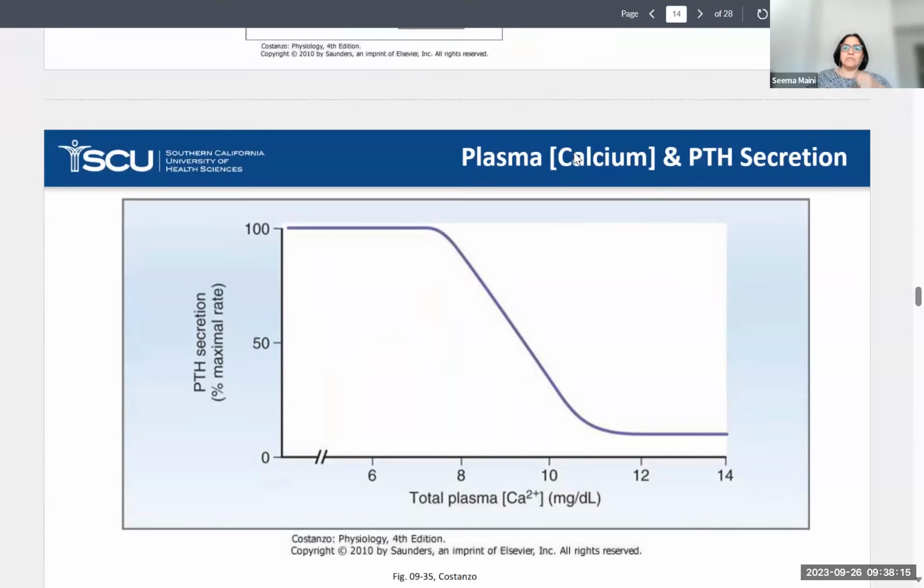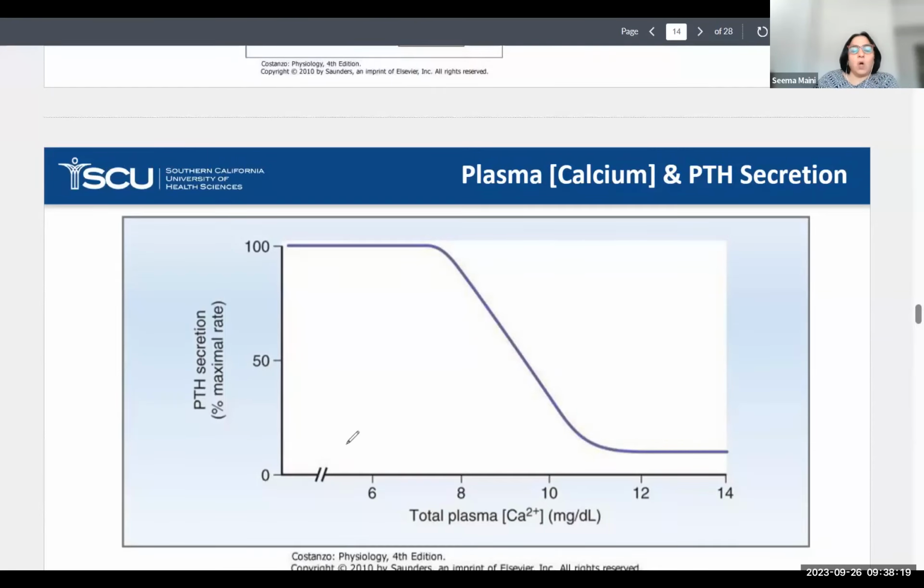So here you can see the overall effect of parathyroid hormone on plasma calcium level, or how plasma calcium levels and parathyroid hormone secretion are affected. As plasma calcium levels start to fall beyond 10 milligram per deciliter, there is a steep increase in secretion of parathyroid hormone.